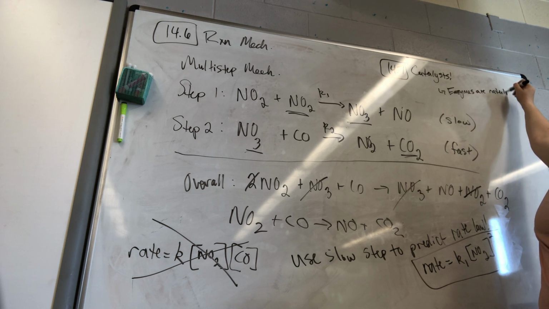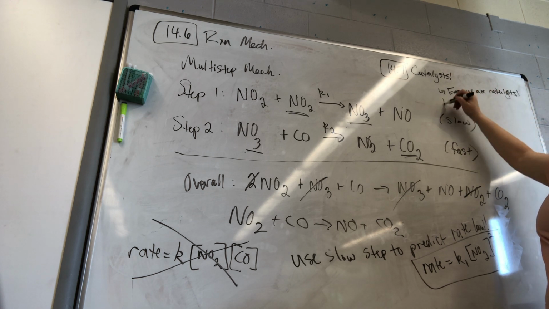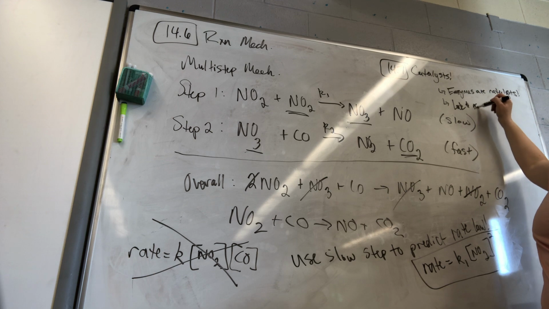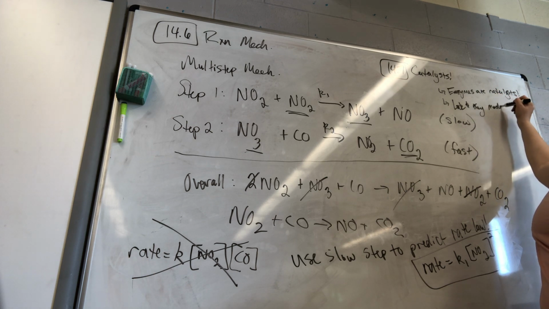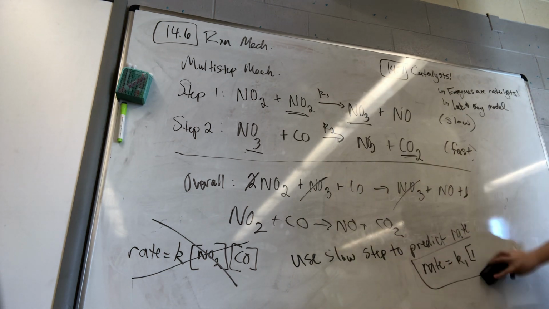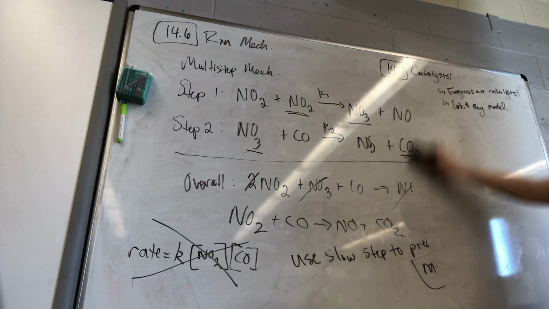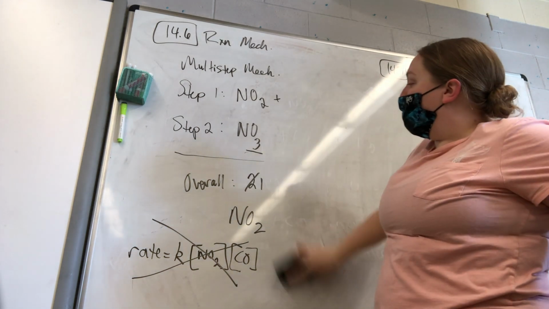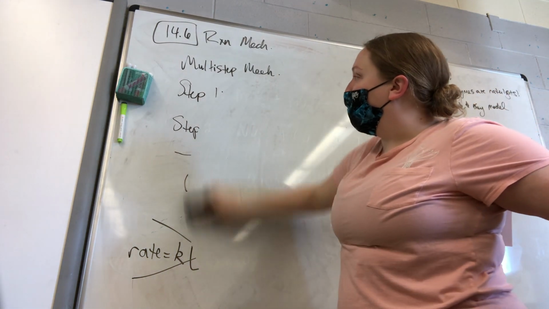Don't forget that. And very typically they use what we call the lock and key model. In order for something to be considered a catalyst, remember, it has to stick around. Enzymes can be reused over and over and over again.